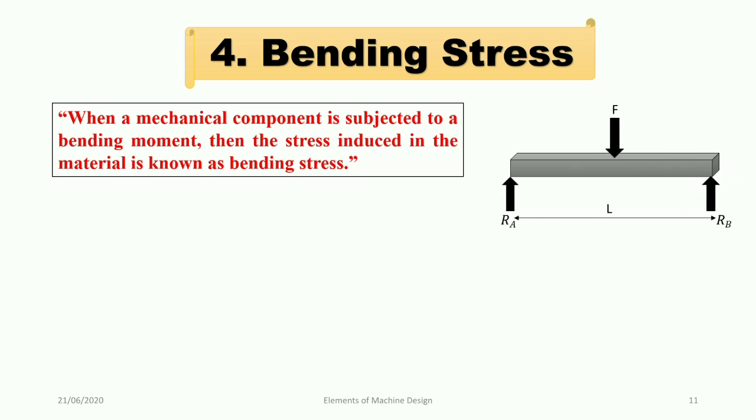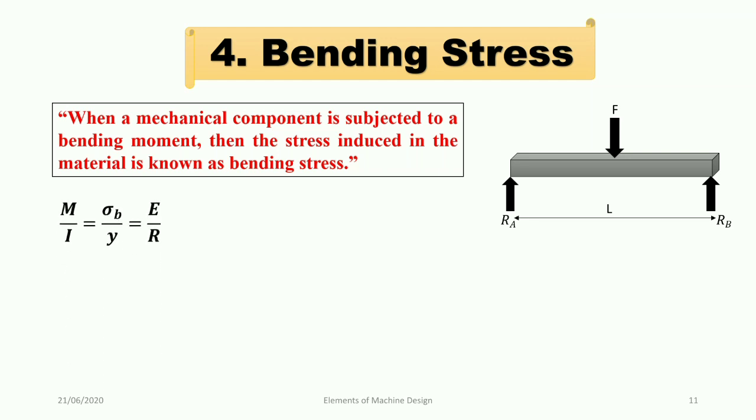The figure shows a simply supported beam which is subjected to force P. The length of the beam is L, and the beam has supports at points A and B, with support reactions RA and RB. This beam is subjected to a bending moment due to the force, and due to that bending moment the stress induced in the material of the beam is called bending stress.